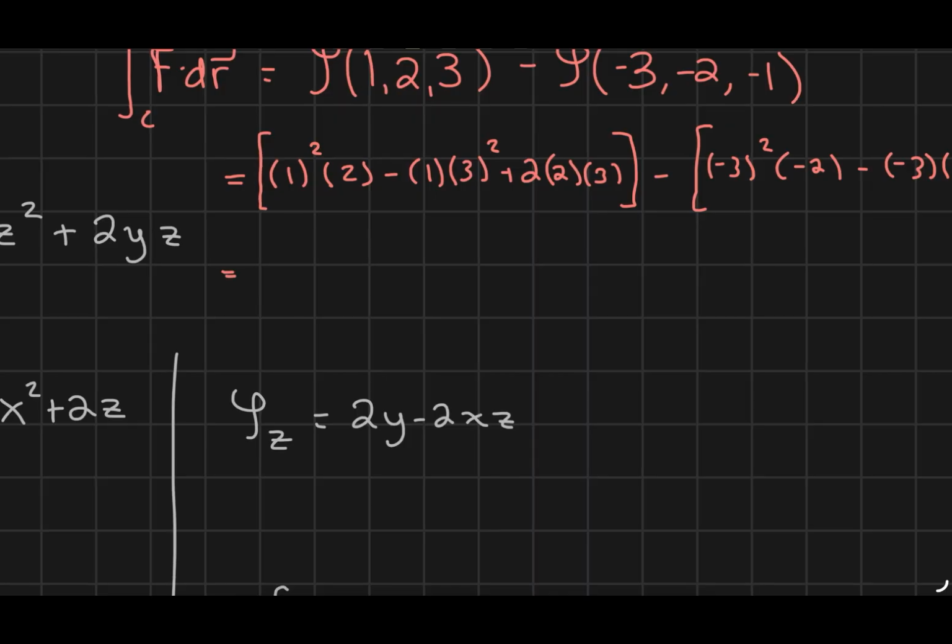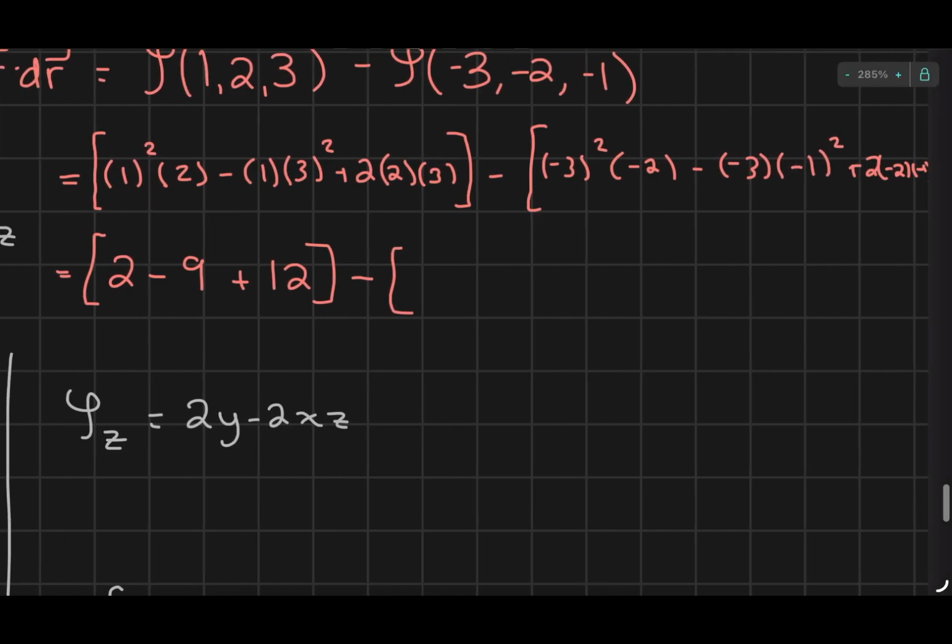There we go. 1 times 2 is going to equal 2. Minus 1 times 3 squared, that's going to be 9. Plus 2 times 2 times 3, that's 4 times 3, that's 12. Minus negative 3 squared is 9. 9 times negative 2 is going to be negative 18.